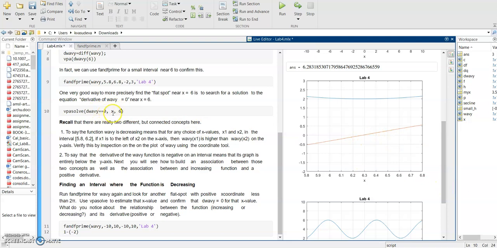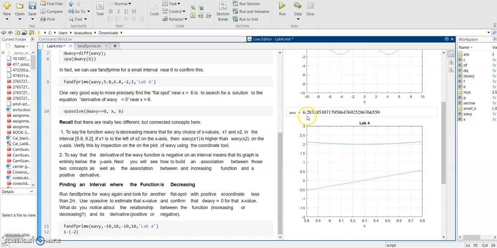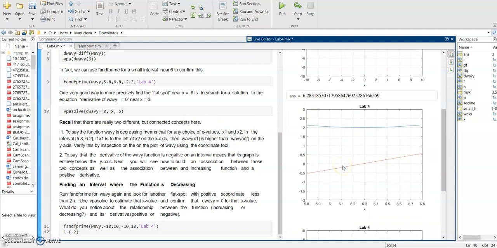I'm trying to find an x value that makes my derivative function 0. If I find that x value, it is the same x value at which my function has a horizontal tangent. When I use this command, that is what I have, 6.283185 and so forth. So that is the x value where I have a horizontal tangent, and simultaneously the derivative function is 0.